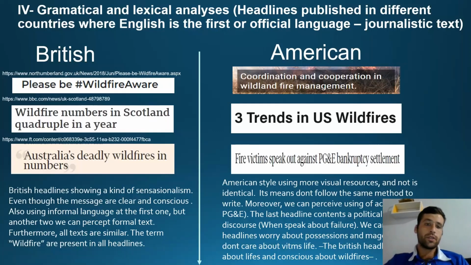It introduced the concept of wildfire aware and tried to be modern to impact everybody. And the second, "Wildfire numbers in Scotland quadruple," and "Australia deadly wildfires in numbers." It treats Australia, but it's published in the UK, yes.